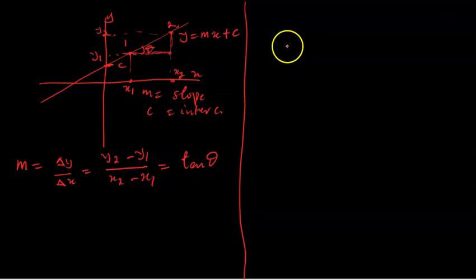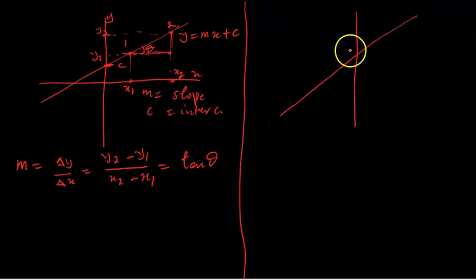Now, if you are given 2 points on your straight line, take for example a straight line this way, with this as my x-axis and here my y-axis, and I have 2 points.